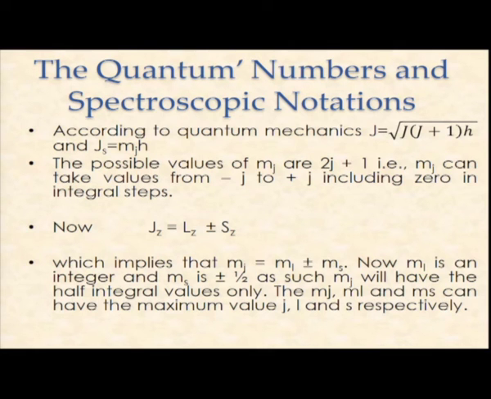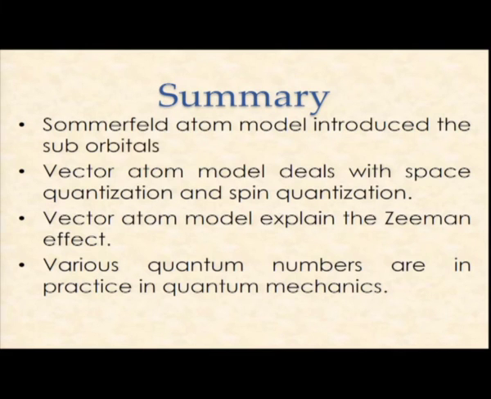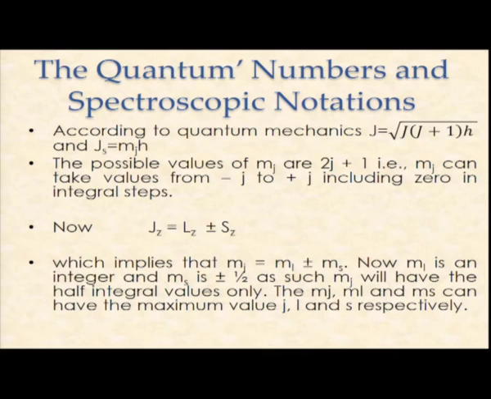As such, mj will have half-integral values only. The mj, ml and ms can have the maximum values j, l and s respectively. This is how the quantum numbers in atomic physics can be learnt.